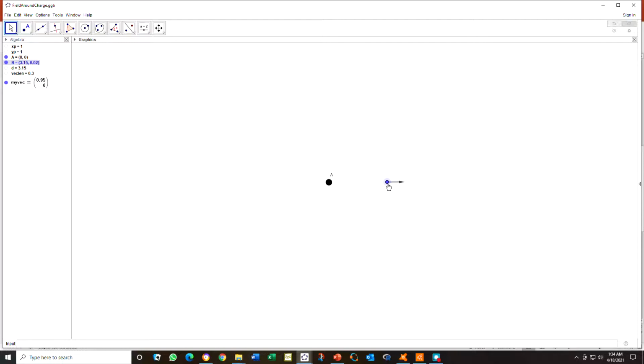What is essential is to understand that the force is inversely proportional to the distance squared. So if I bring this closer, as you can see, that arrow is getting larger and larger. That indicates that this force is getting more and more repulsive; a larger repulsive force is acting.